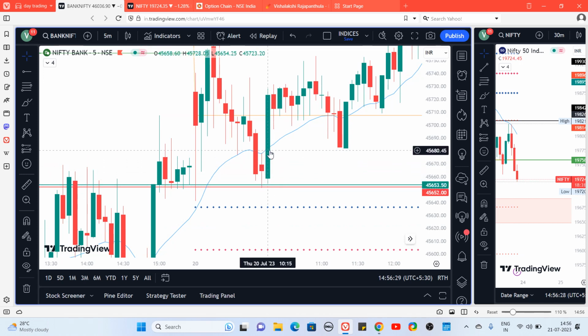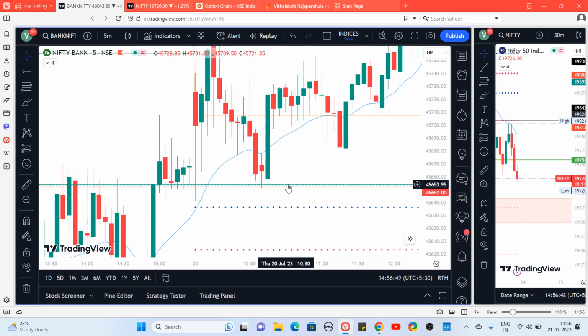When there are strong supports or resistances, you have to wait until it forms a good big red or green candle according to the context. In this context, this is the all-time high and it has already made a bullish pin bar at this location.